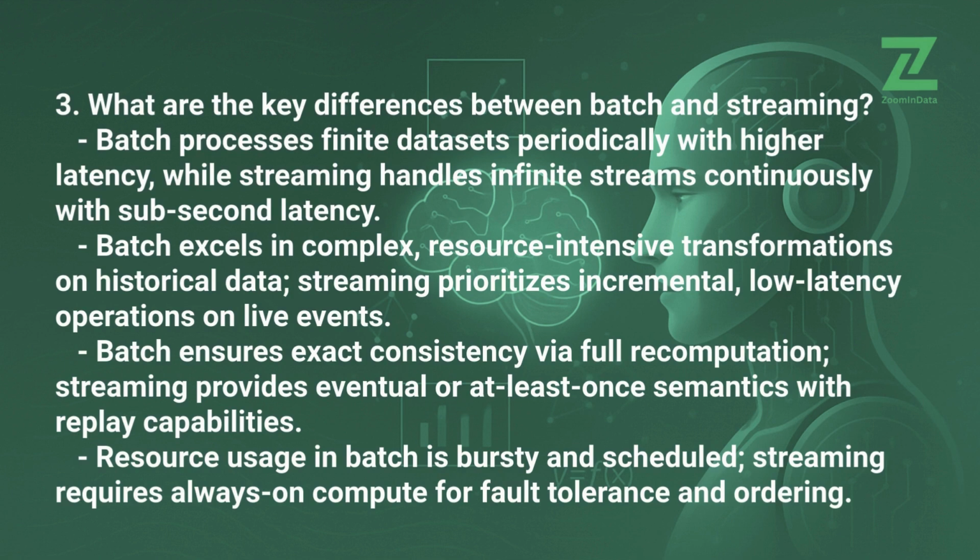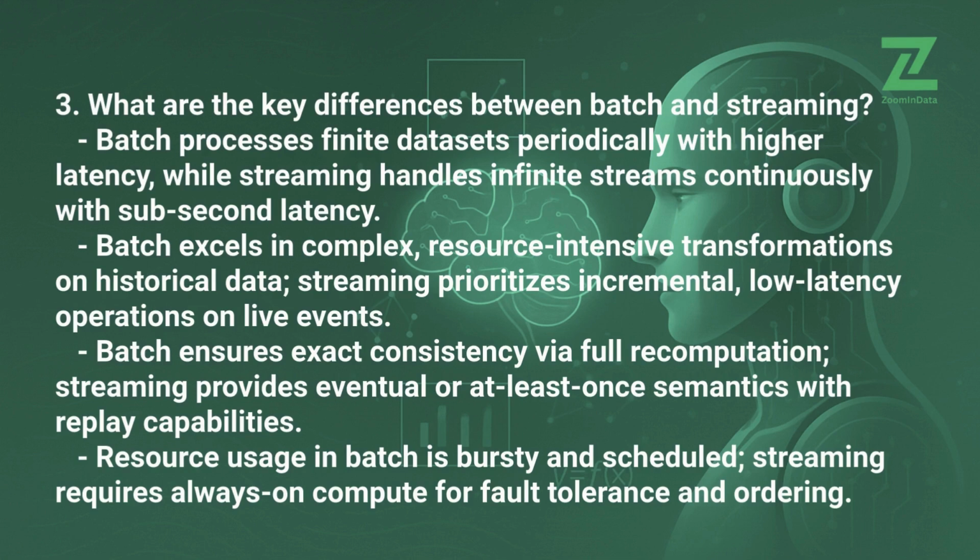3. What are the key differences between batch and streaming? Batch processes finite datasets periodically with higher latency, while streaming handles infinite streams continuously with sub-second latency. Batch excels in complex, resource-intensive transformations on historical data.